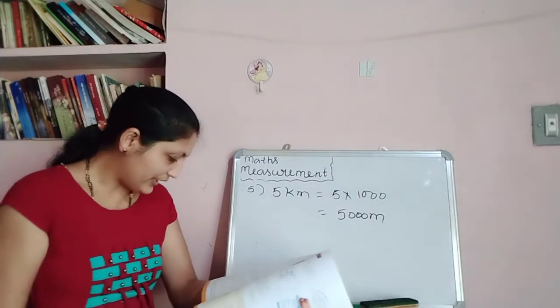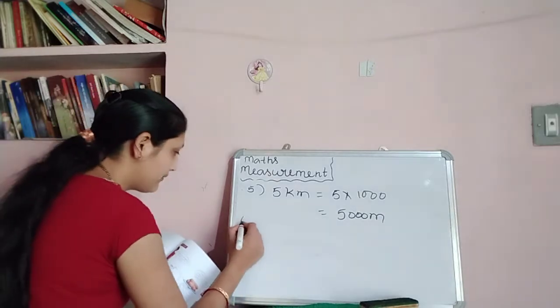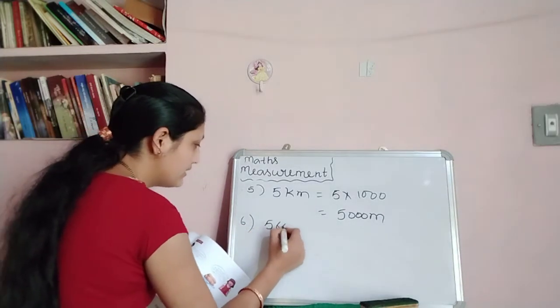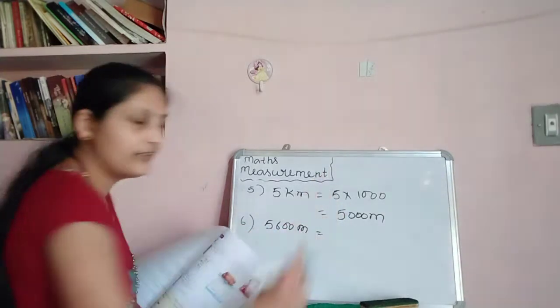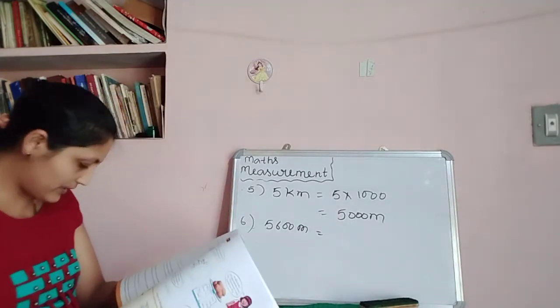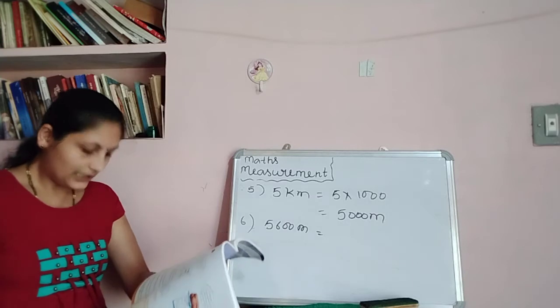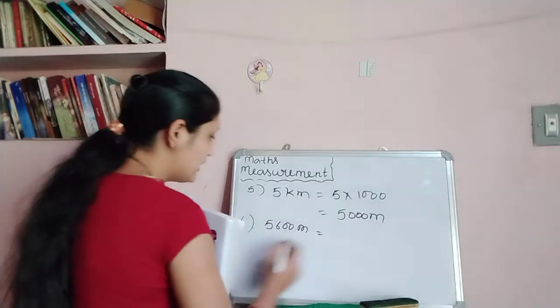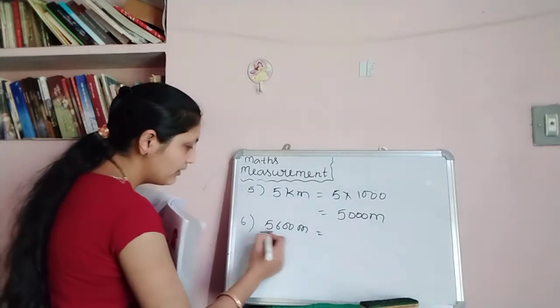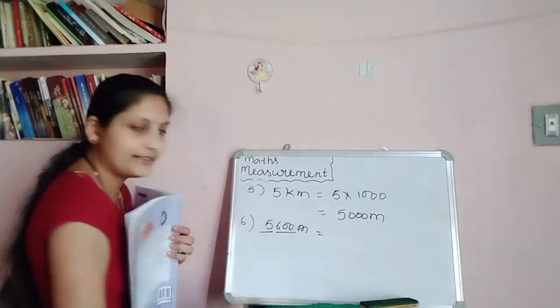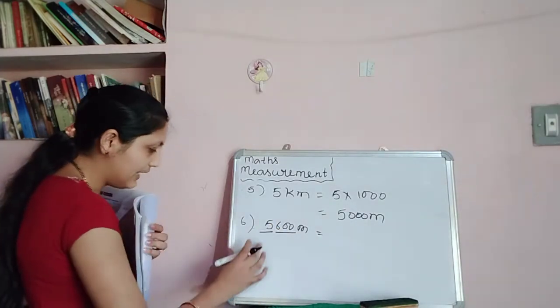Next, sixth one: the longest bridge above water in India is Bandra Worli Sea Link. Its length is 5600 meter. It is given in meter. It has to be expressed in kilometer and meter. So split into two parts. Here 5 is one part, 600 meter is another part.